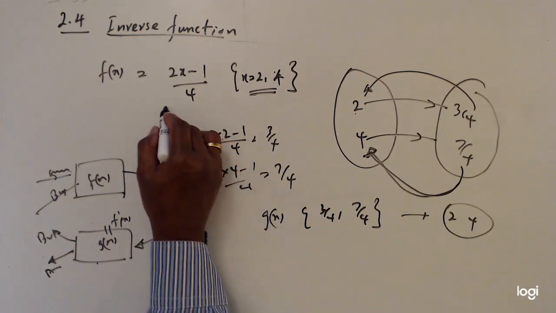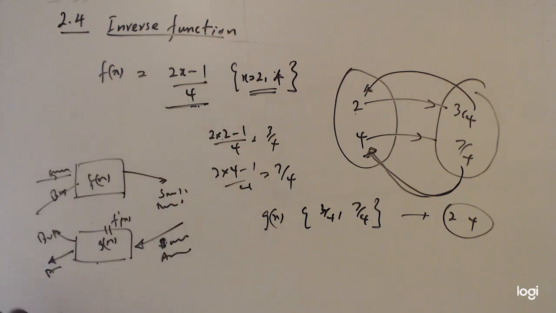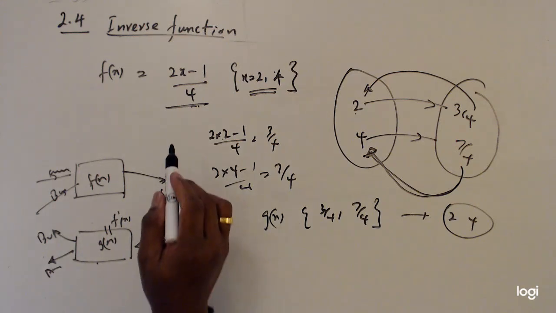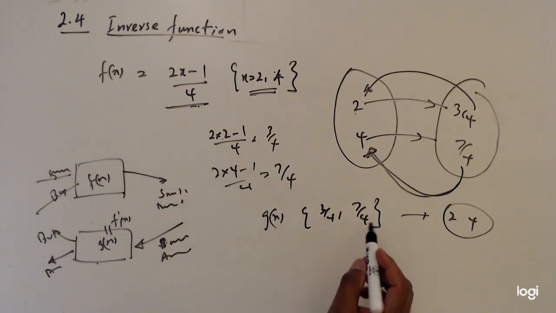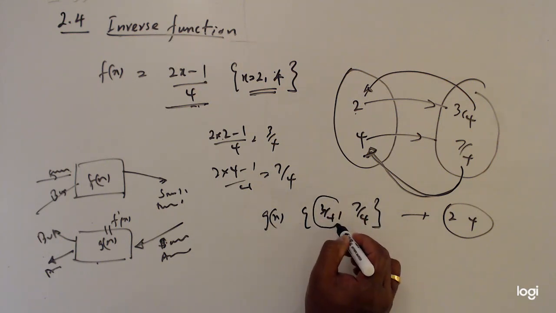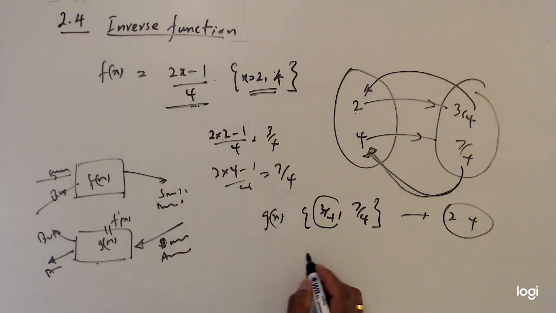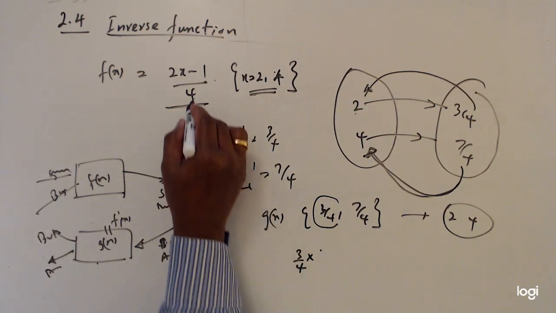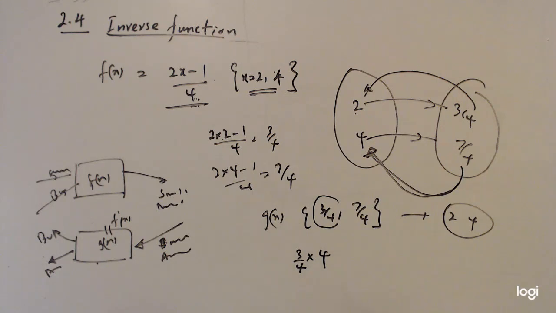So what is the inverse function of this one now? Reverse operation. When you put 7 over 4, you want to get... So how do we do this one now? First of all, if I have 3 over 4, I can see that to get x, I want to multiply by 4, then I will make 3.